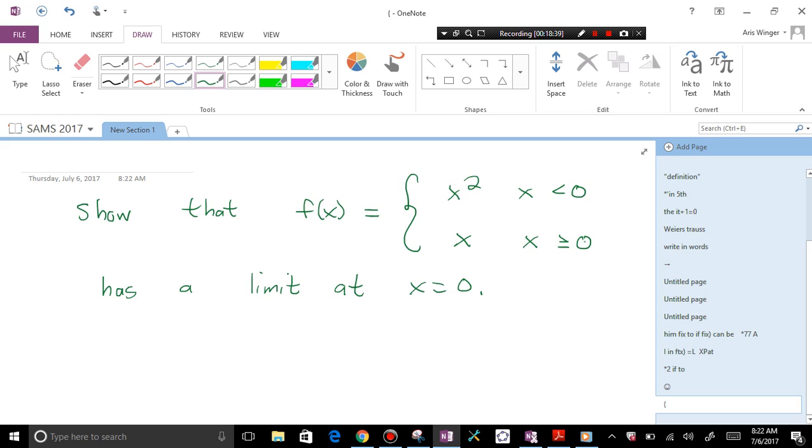From the theorem that we just showed, we simply need to take the limit from the left, take the limit from the right, and show that they are equal.